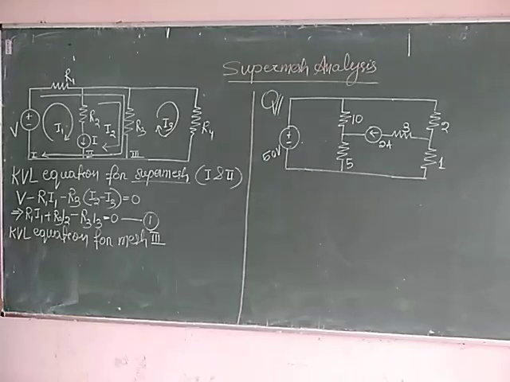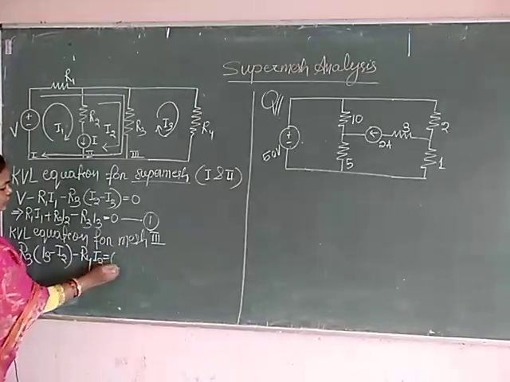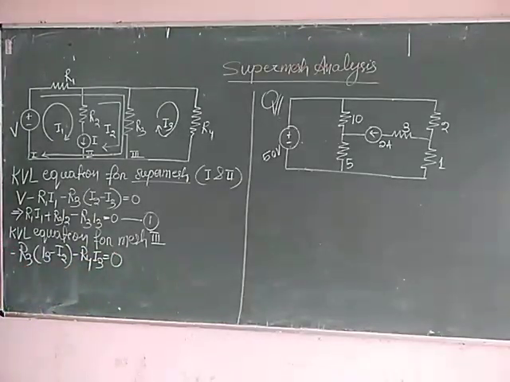Their sum is equal to 0. Through R3, which current flows? I3 and I2, both flow. Then through R4, only the I3 current flows. Their sum is equal to 0.